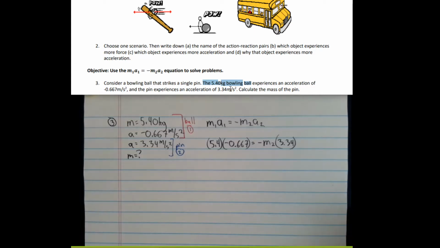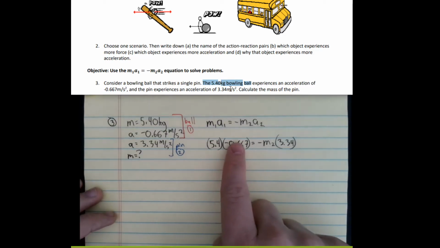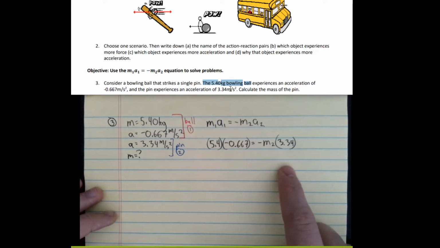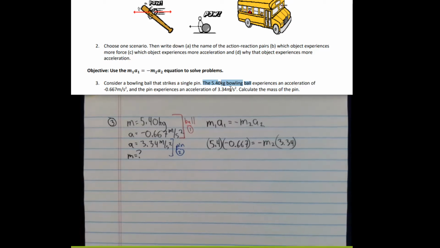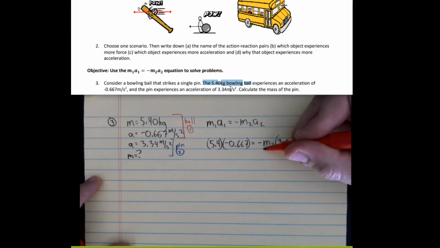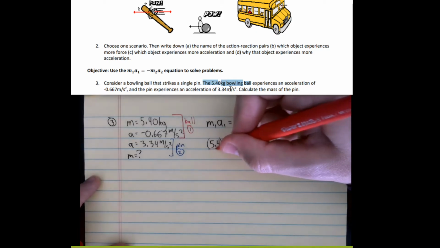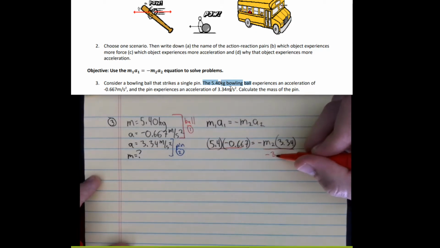There are two ways to solve here, two methods. You can multiply these two together and rewrite the equation, at which point you'll divide both sides by this, or you can just start by dividing both sides by that. So up to you and how you want to solve this one. I'm going to save myself some time. I'm going to divide both sides by negative 3.34.